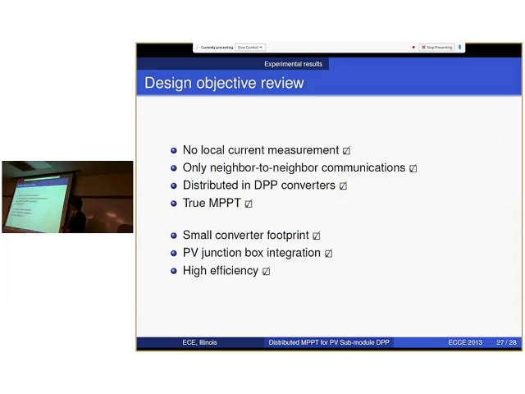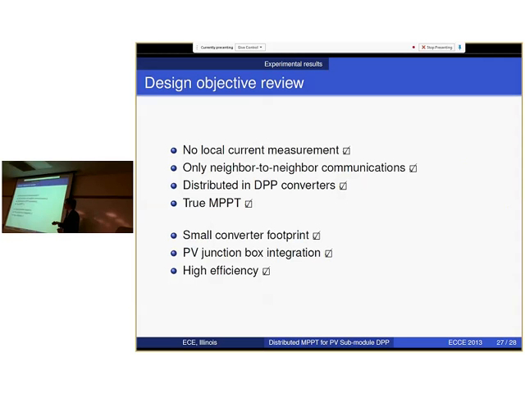Let's take another look back at our design objectives to see if we achieved all of them. We designed this algorithm to achieve no current measurement and only neighbor-to-neighbor communication. As the experimental results show, it truly realizes true maximum power point tracking through a distributed approach.